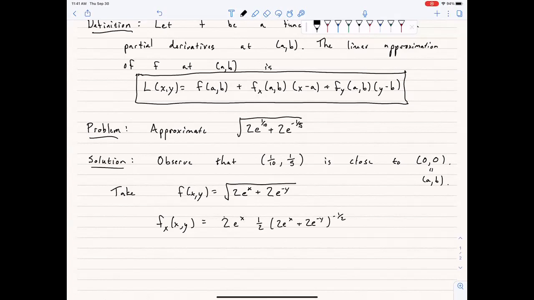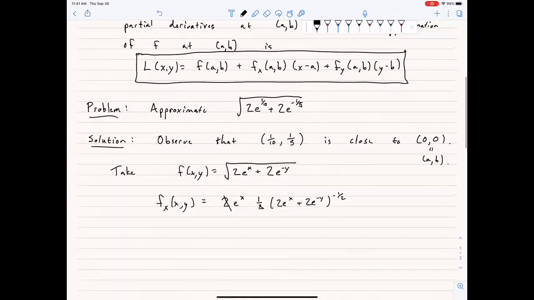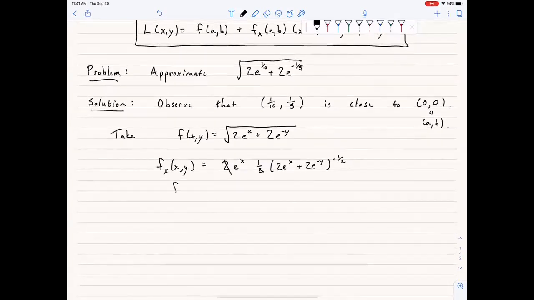So we can cancel this. If we evaluate at the origin, which we want to do because (a, b) is the origin, e to the 0th power is 1, and we get 2 times e to the 0th plus 2 times e to the 0th, which is 4, to the minus 1/2. That's 1 over the square root of 4, which is 1/2.